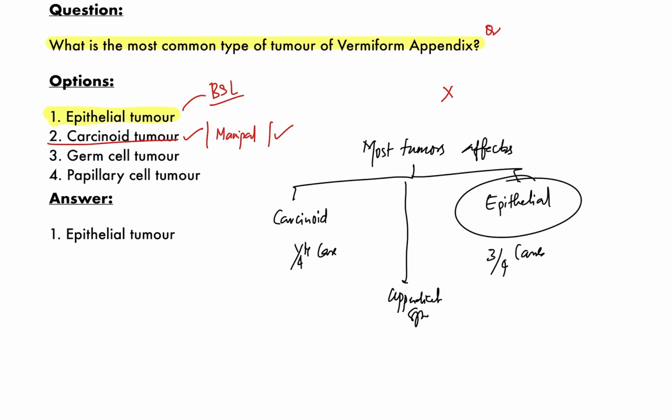When pathological examination is done, if you take 1000 appendicectomy specimens, out of them 100 will have appendix tumors.